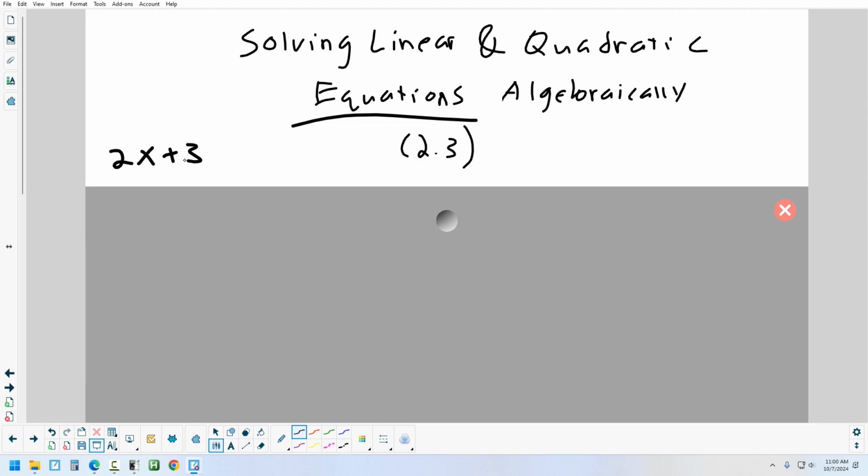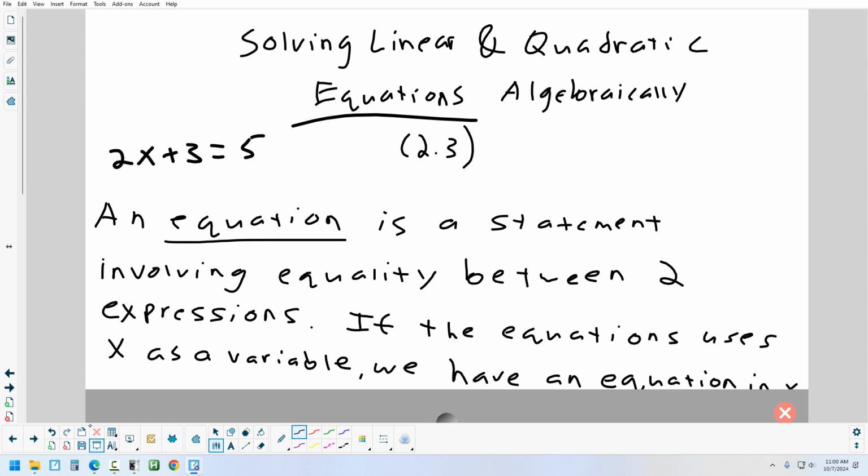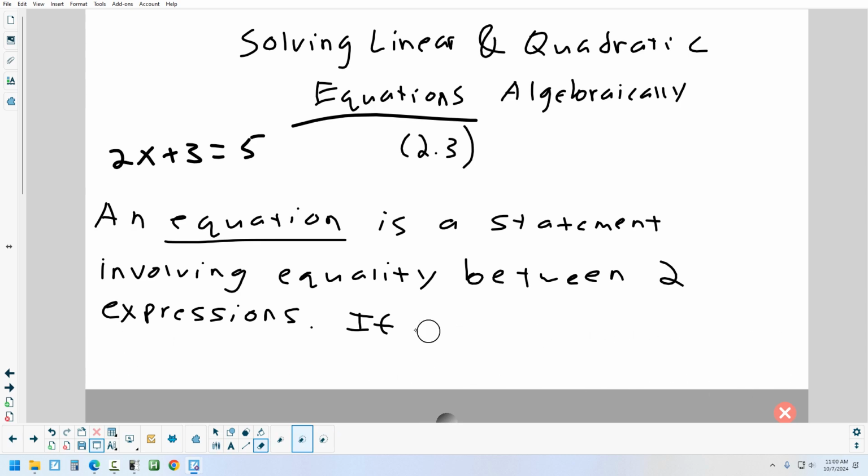What do you think? Yeah, go ahead, Meg. It's not, because there's no equal sign. Okay, once I put an equal sign in there, now it's an equation. An equation has to have an equal sign. You have to have an expression on the left, an expression on the right, and an equal sign between the two. No equal sign, no equation.